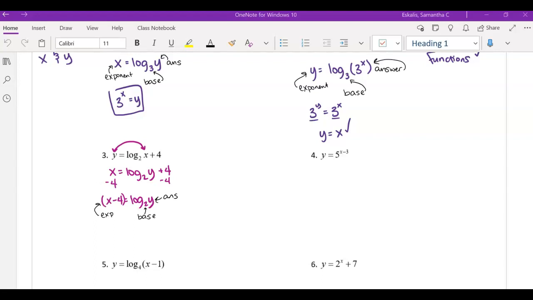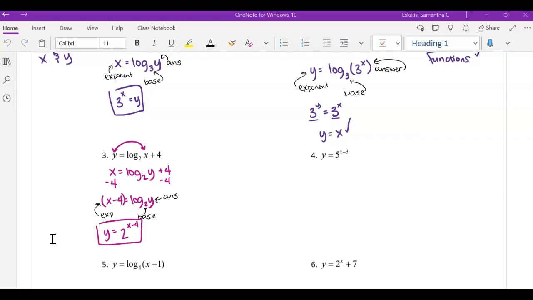So when we rearrange it into exponential form, we'll have y equals 2 to the power of x minus 4. And the whole x minus 4 is the exponent, so that's why it's all risen to the power. Since y is now by itself, we are done solving for this inverse function.